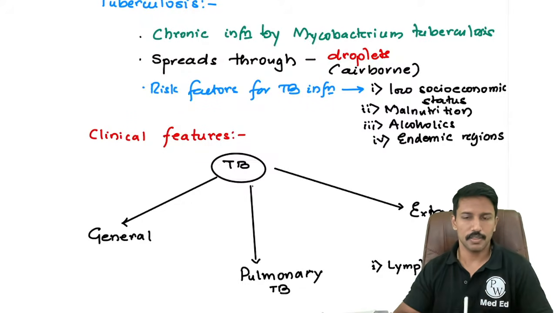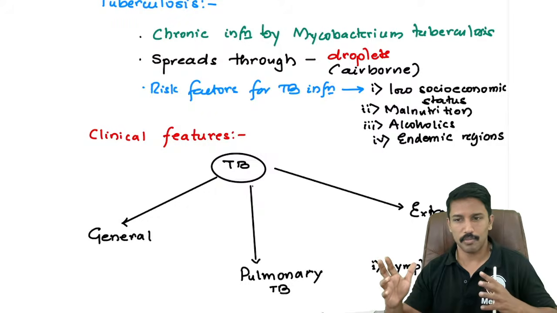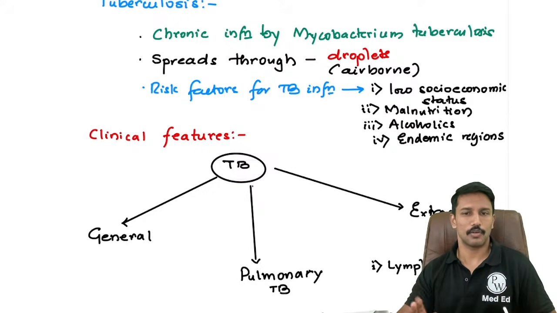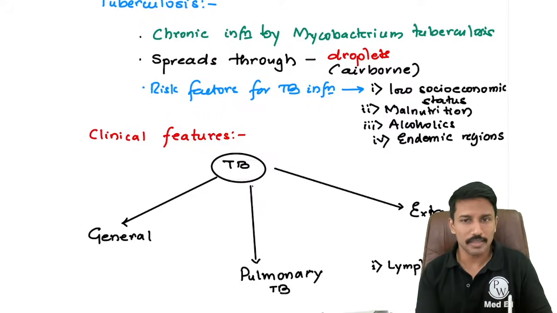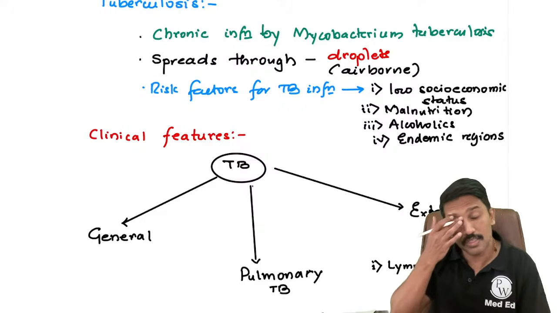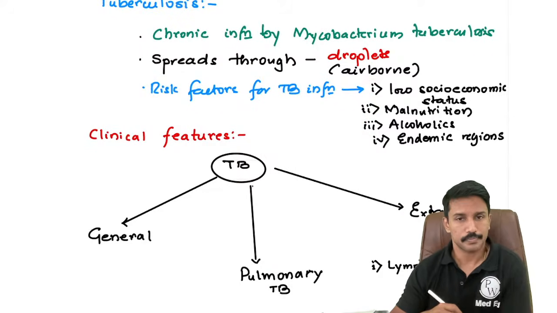In the Western world, TB is a rare diagnosis. They will probably think rarely about TB when someone presents with some cough or hemoptysis. But in India, if someone presents with chronic cough, the first thing we are expected to think of is TB because we are endemic, just like other Southeast Asian countries and some African countries. We are endemic to TB.